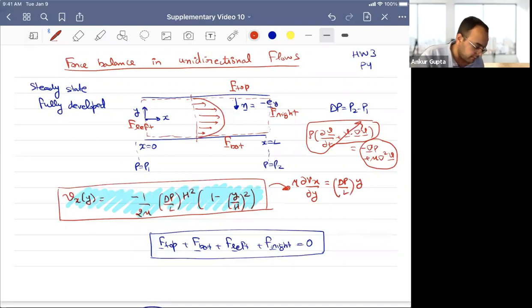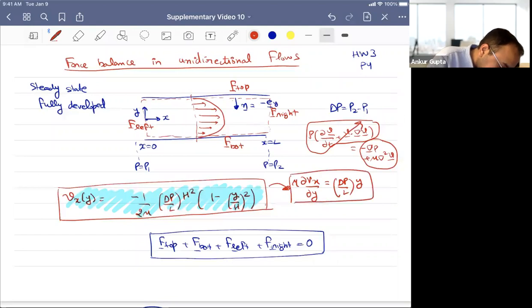You can verify this: this is mu del vx by del y, and at y equal to h, this becomes delta p by L h. Okay, just let me make sure that there is no negative sign. Yeah, this is correct. So this becomes delta p by L h at y equal to h. So just make sure you can check this by differentiating.